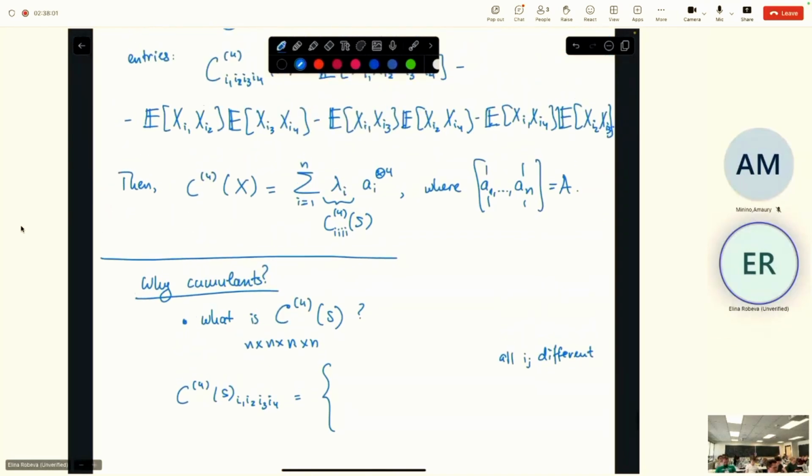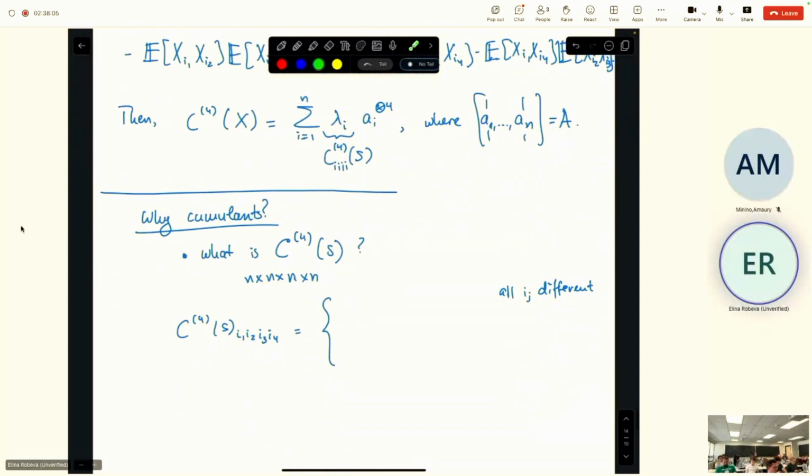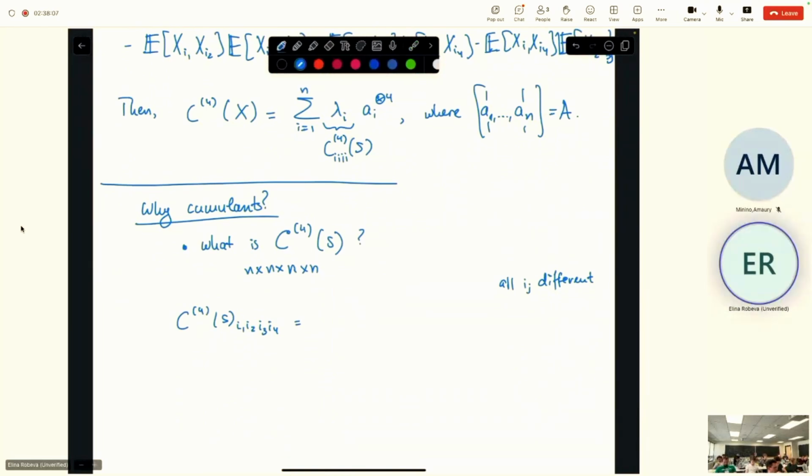If we look at the formula here, I'll write this one down: we get the expectation of S_I1 S_I2 S_I3 S_I4 minus the pairwise product S_I1 S_I2 times S_I3 S_I4, and the other two.